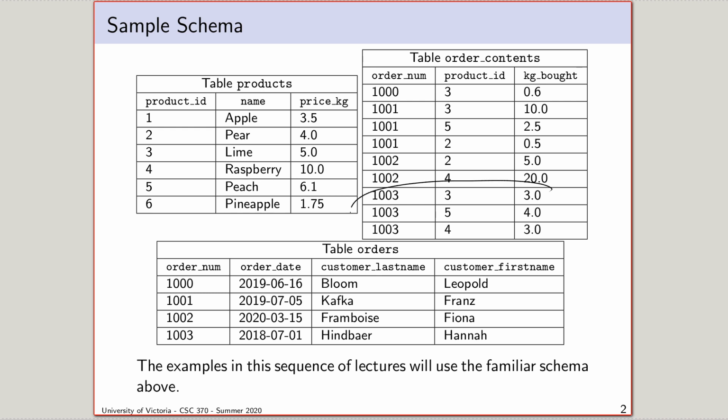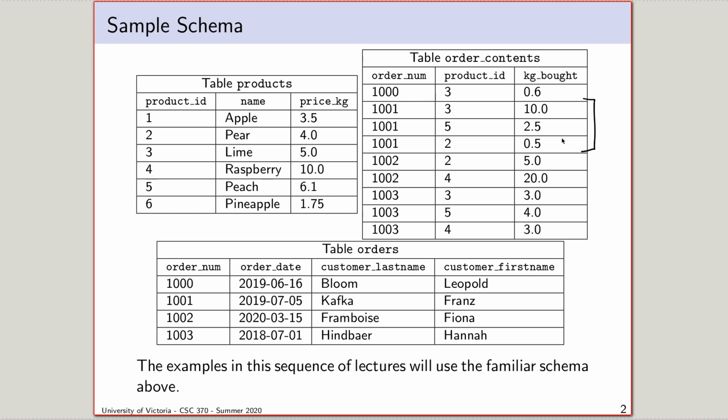So there's 3 products in order 1003, 1 product in order 1000, 3 products in order 1001. What about give me the total weight of each order? That's something I can do with only one table. So how much does order number 1001 weigh? Well, I think it's 13 kilograms. I bought 10 kilograms of one thing, 2.5 of another, and 0.5 of a third thing. So it weighs 13 kilograms.